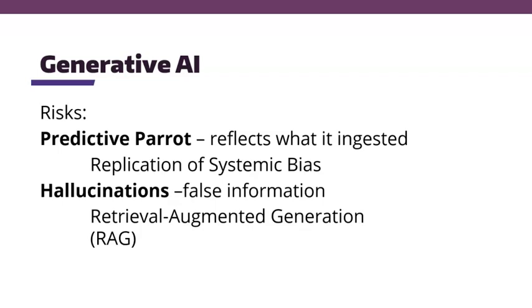What it is, it's a system that has ingested a huge amount of information and is able to predictively, based on statistics, generate paragraphs of text based on what it was fed. Okay, so it's like a parrot. It's parroting back content that is most likely related to your subject and most likely correct based on its mathematical algorithms. That does not mean that it's always right, even if it sounds right.